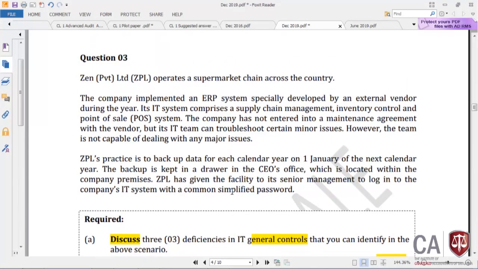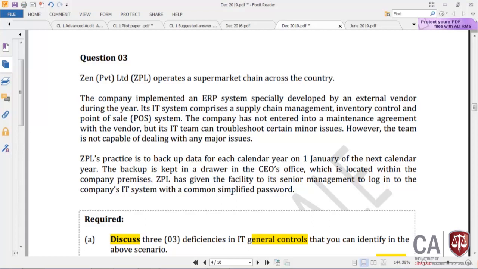Sen Private Limited operates a supermarket chain across the country. The company implemented an ERP system specially developed by an external vendor during the year. Its IT system comprises supply chain management, inventory control and point of sale system. The company has not entered into a maintenance agreement with the vendor, but its IT team can troubleshoot certain minor issues.